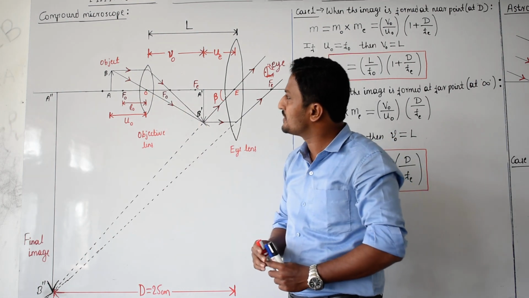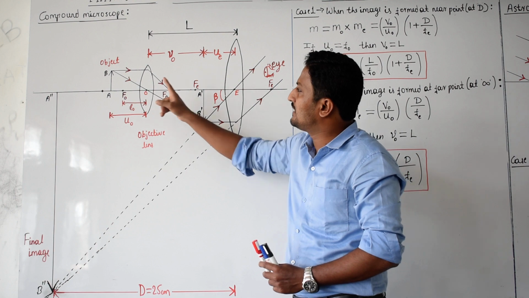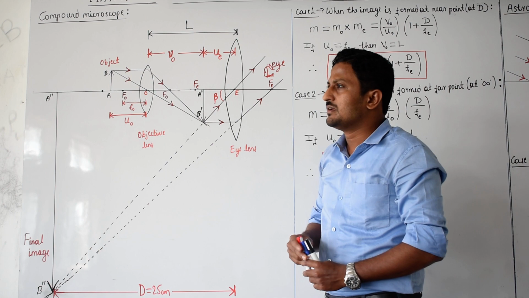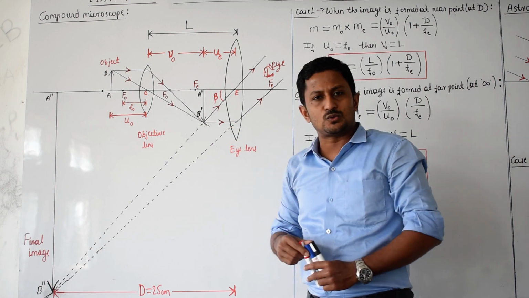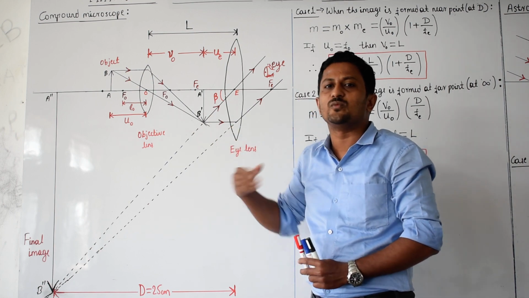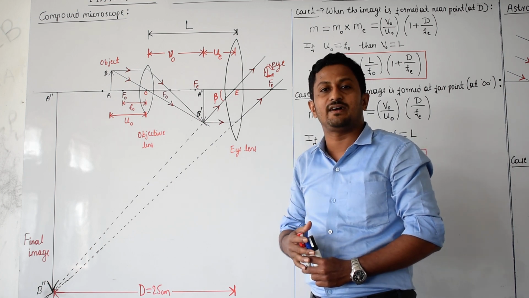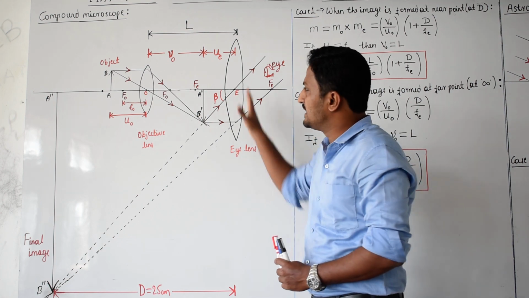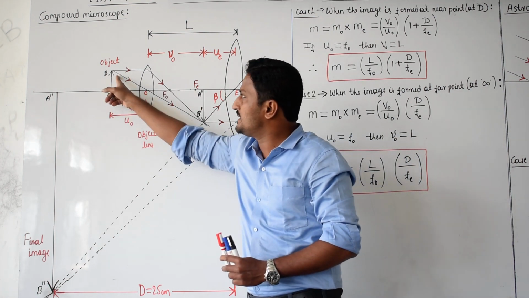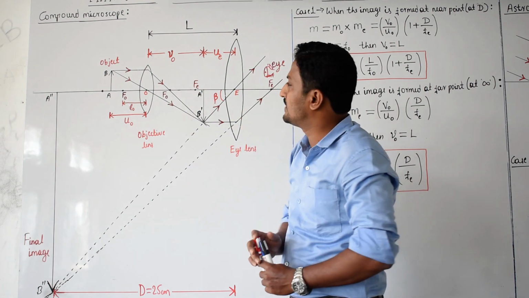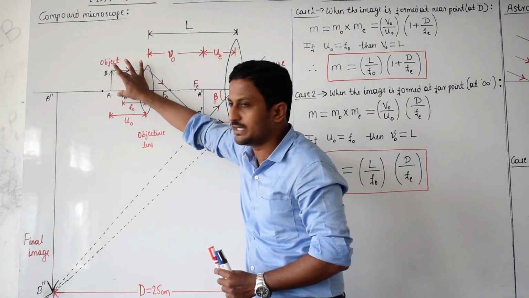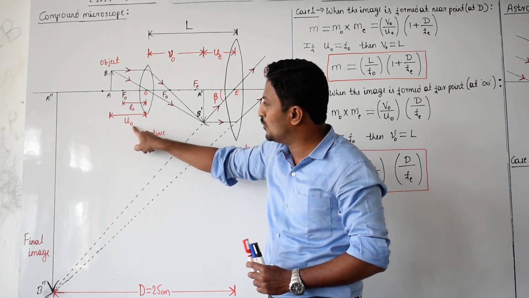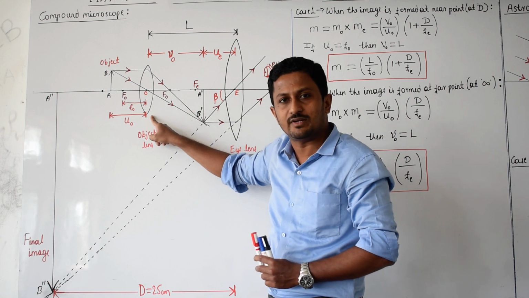Okay, now concentrate. Here the object AB is placed in front of the objective lens. In this compound microscope, we actually want a highly magnified image of the object. In this arrangement, AB is the object. Now see here, that object AB is placed at a distance U subscript O from the objective lens.